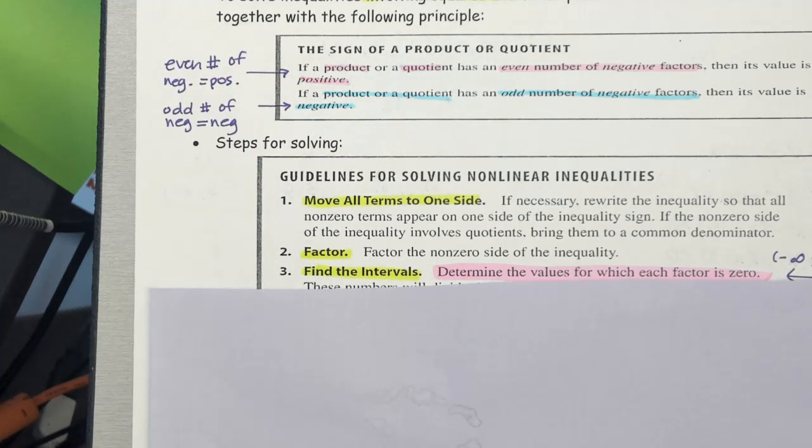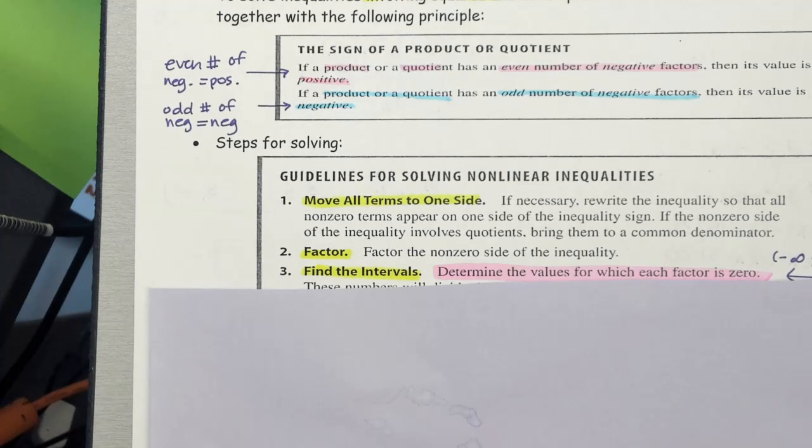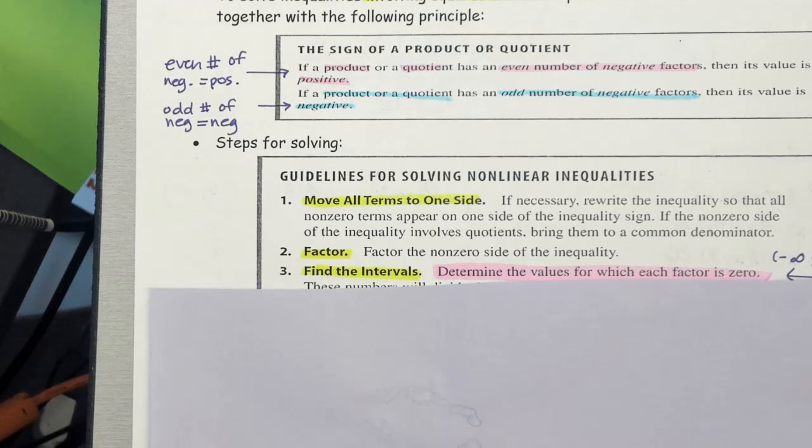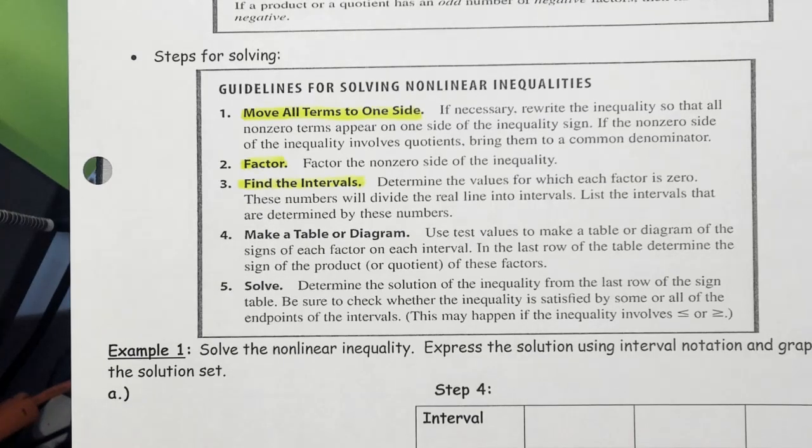Okay, then we are going to find the intervals. And we're going to determine the values for which each factor is 0. I'm going to do this part with you here. Okay, so we're moving all the terms to one side.